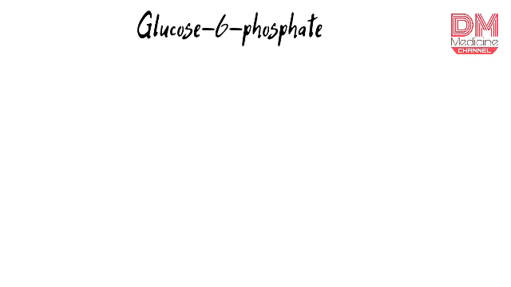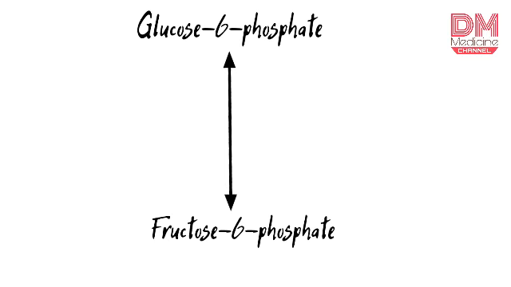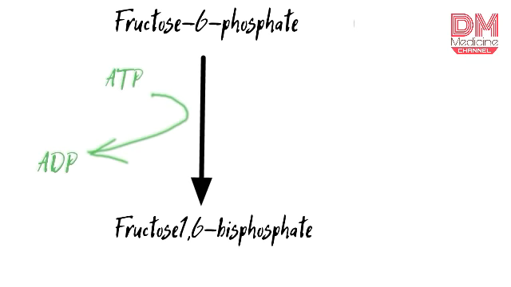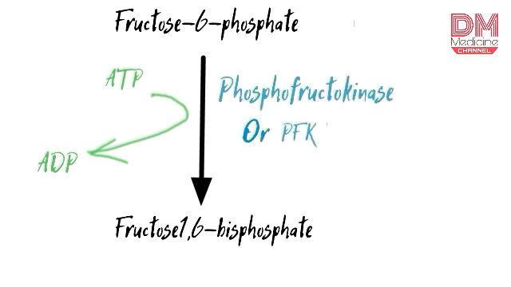Glucose 6-phosphate undergoes isomerization to give fructose 6-phosphate in the presence of the enzyme phosphohexose isomerase. Then fructose 6-phosphate is phosphorylated to fructose 1,6-bisphosphate by the enzyme phosphofructokinase or PFK1, and this is an irreversible and a regulatory step in glycolysis.